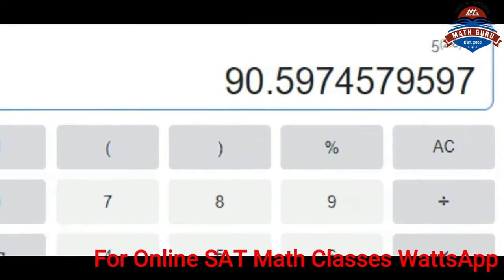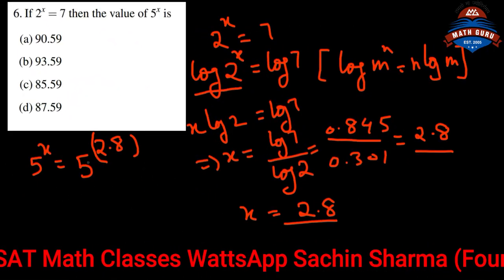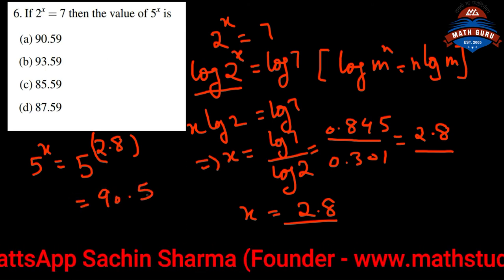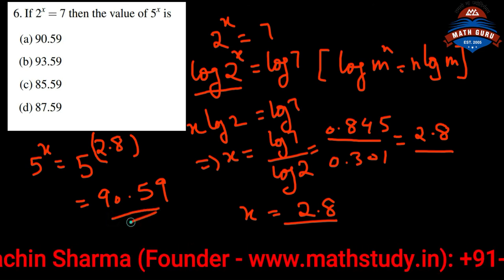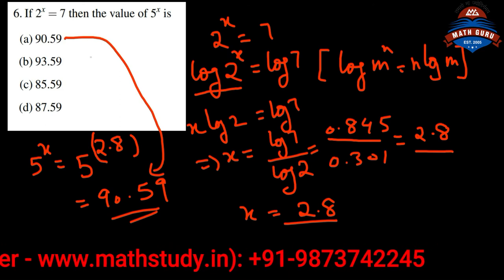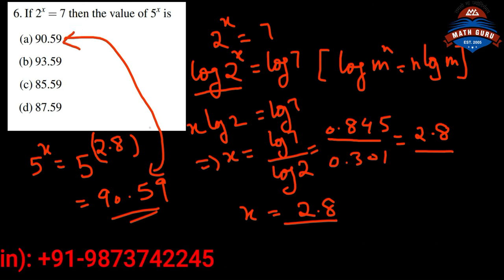So we got our answer like 90.59, and we can see that option A is the same as 90.59. So here we have found the value of 5 raised to the power x.